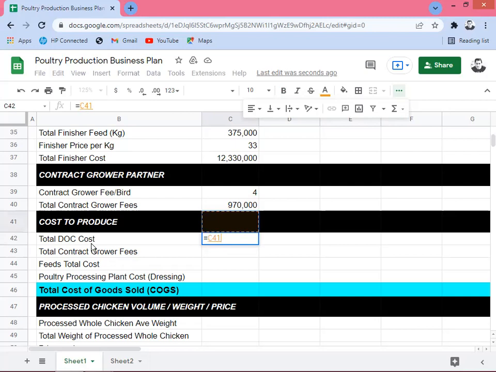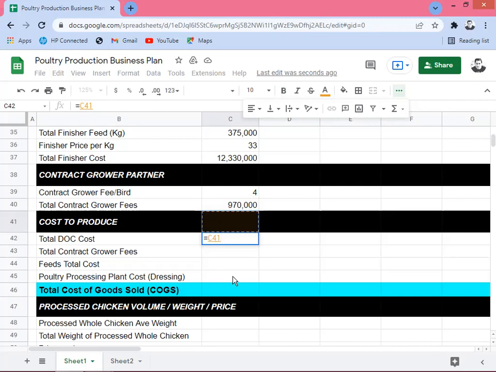So we're going to get the total DOC cost, the total contract grower fees, the total feeds cost, and the cost of the poultry processing plant dressing. We're going to do that later.